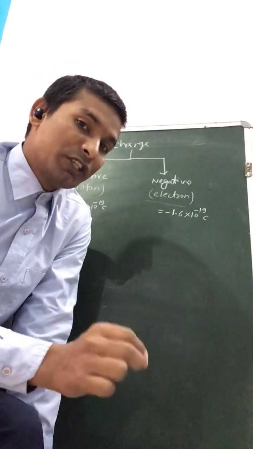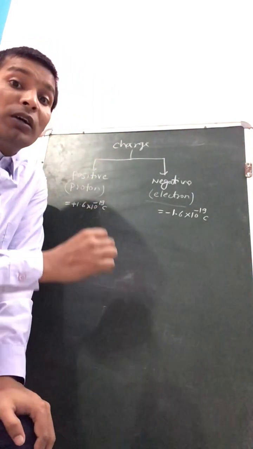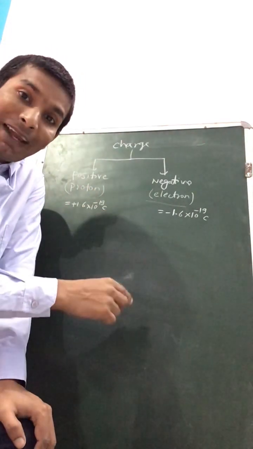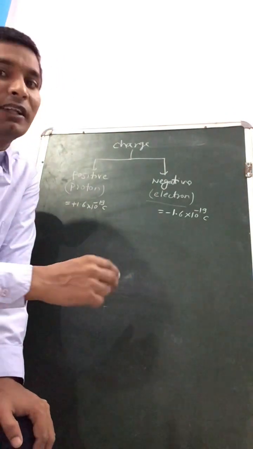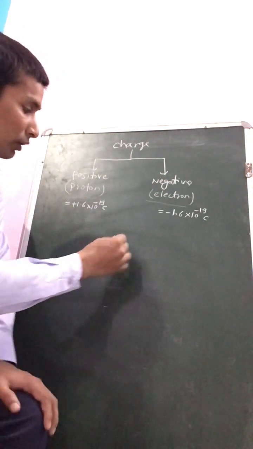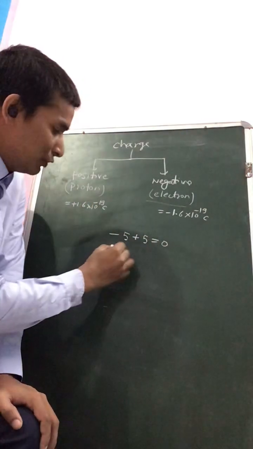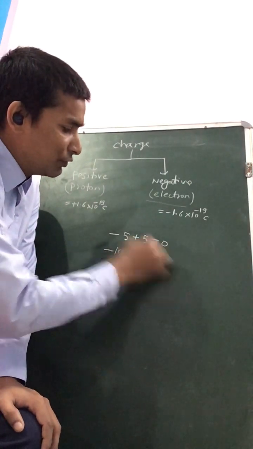It is only possible in a mathematical operation that when two quantities of same magnitude but opposite nature get added, then it becomes 0. Suppose minus 5 plus 5, how much? 0. Minus 10 plus 10, how much? 0.